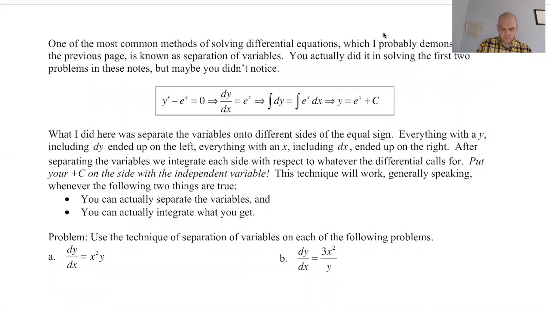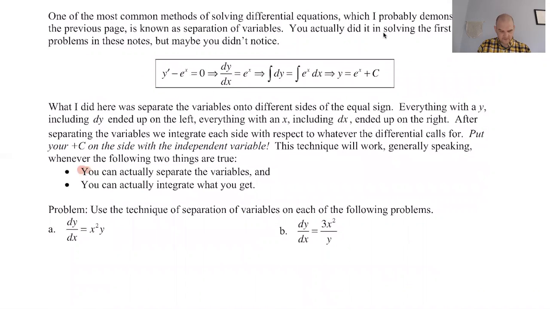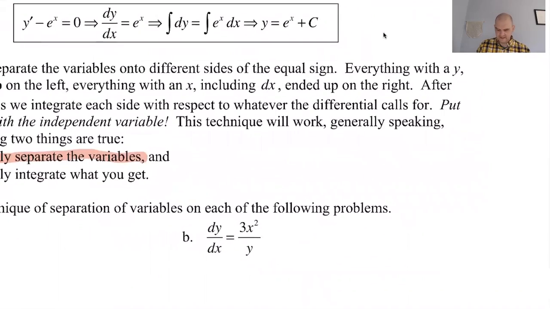This technique is going to work provided that two things happen. The first one, you need to really be able to separate. So for example, if I have something like dy/dx equals x plus y, this is a differential equation that we saw when we were doing slope fields. It has x's and y's in it. You're never going to be able to separate this.